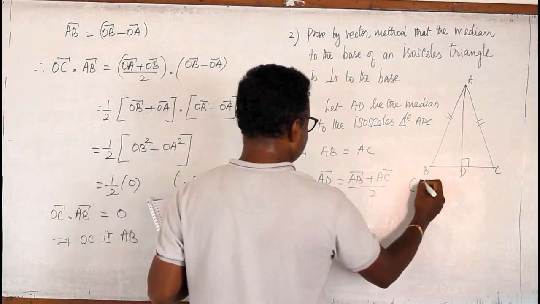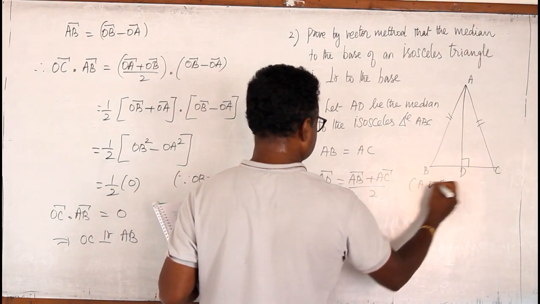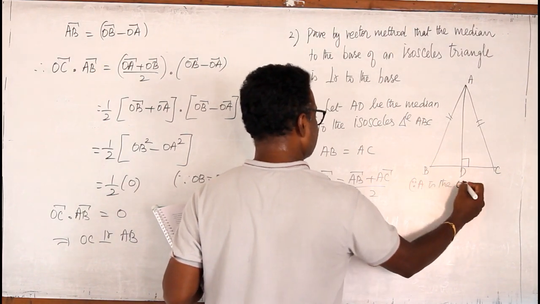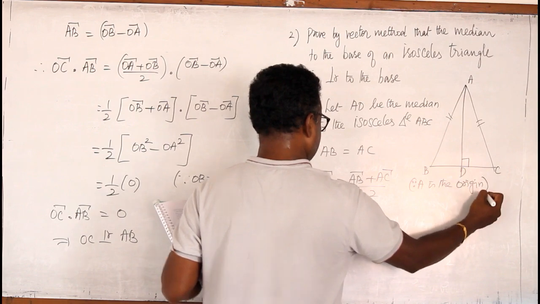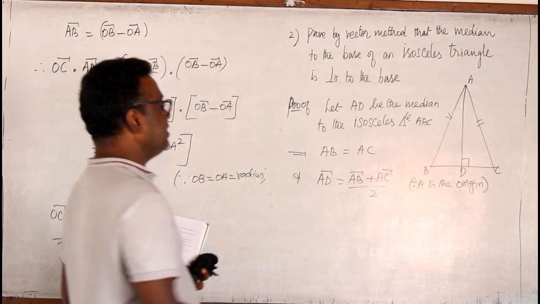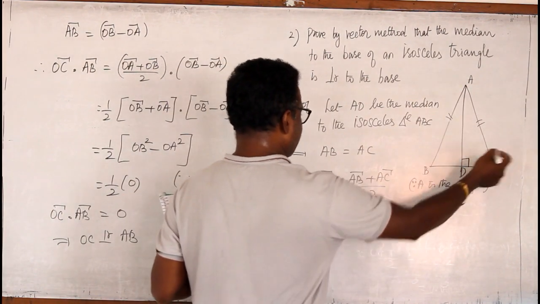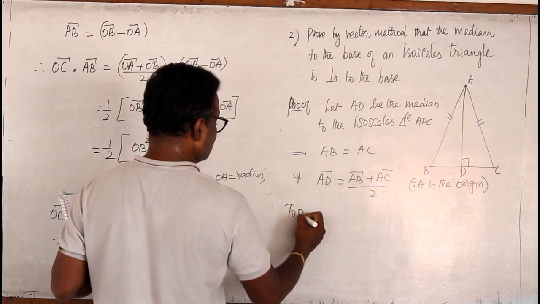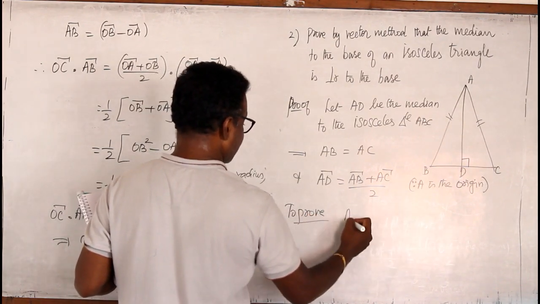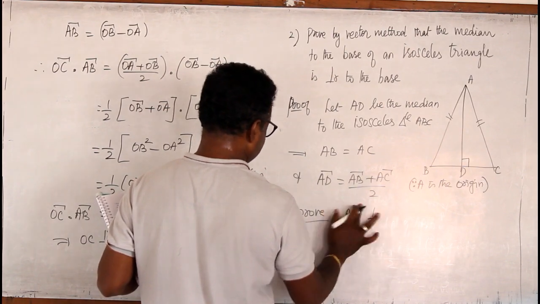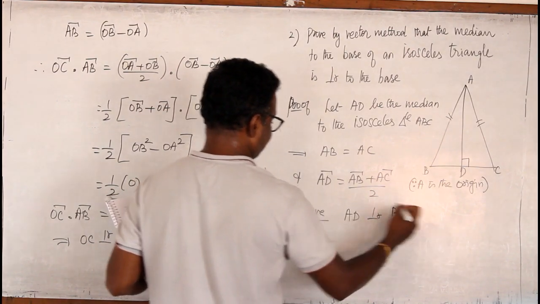Let me take A as the origin. Since A is the origin, now let me find the dot product between AD and BC. What I have to prove? To prove AD is perpendicular to BC.